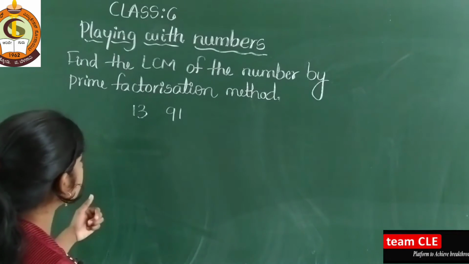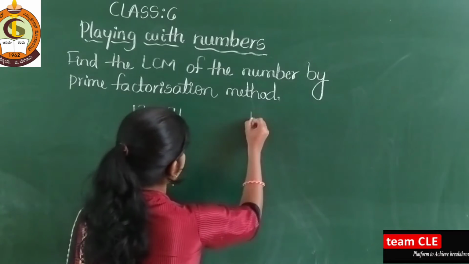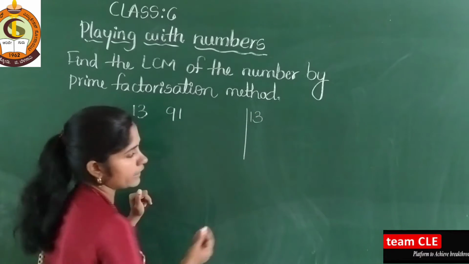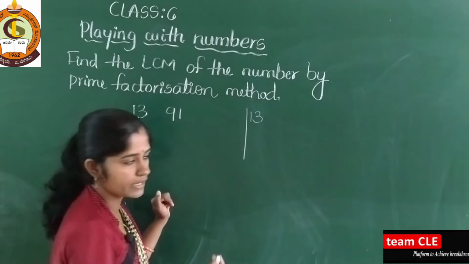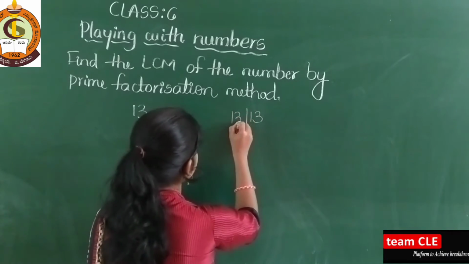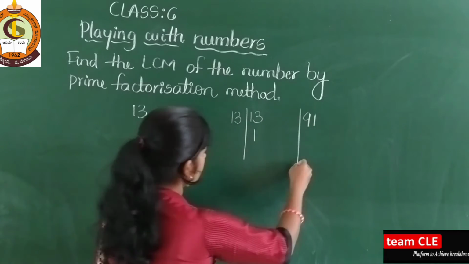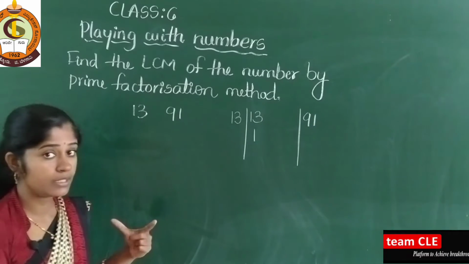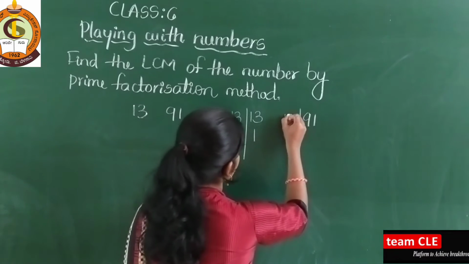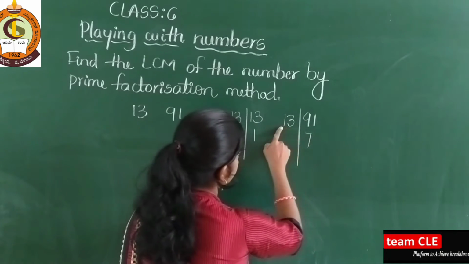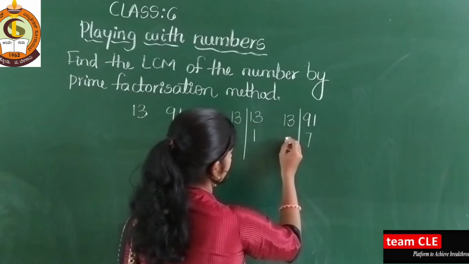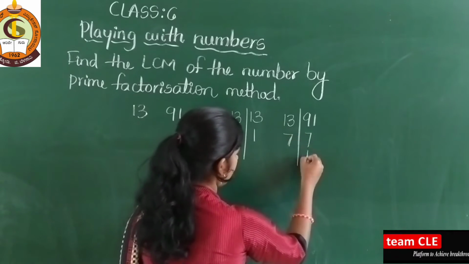So take here 13 and 91, divide these numbers. See here, 13 is a prime number, so it is there in the 13 table, so you take directly 13 ones are 13. Next you take 91. 91 is there in the 13 table. So 13 sevens are 91, and again you take 7 ones are 7.